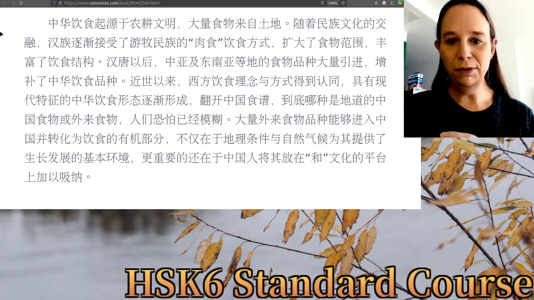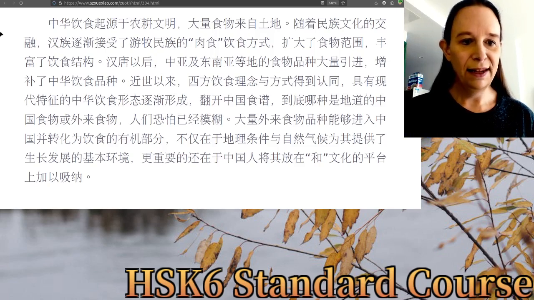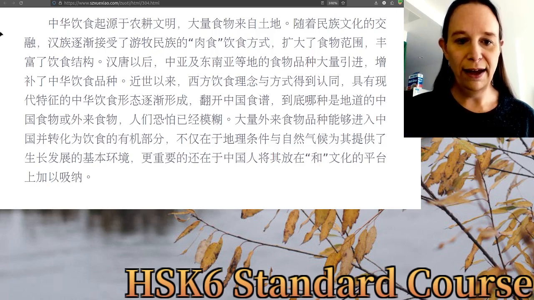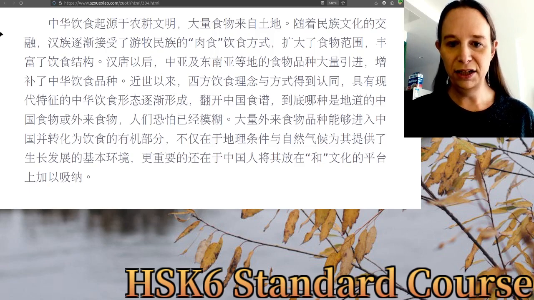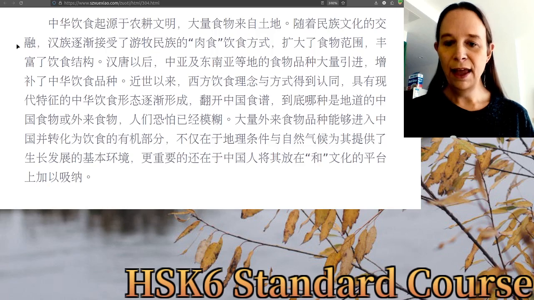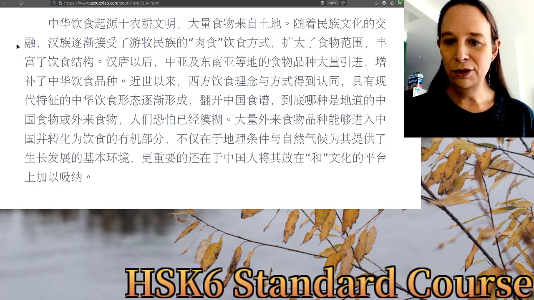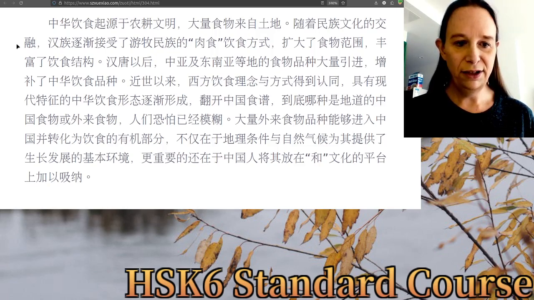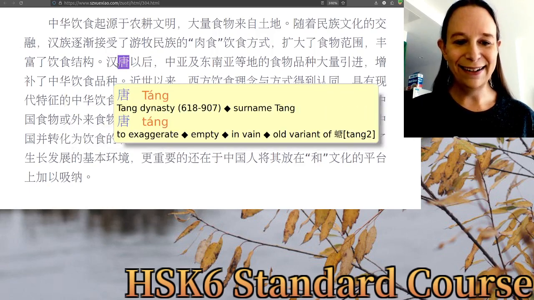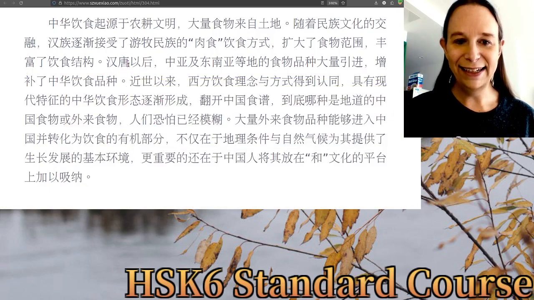大量食物来自土地，随着民族文化的交融，汉族逐渐接受了游牧民族的肉食饮食方式。游牧 is like nomad, yeah. 扩大了食物范围，丰富了饮食结构。汉唐以后 yeah, they did it here as well. This is like after both the Han Dynasty and Tang Dynasty.